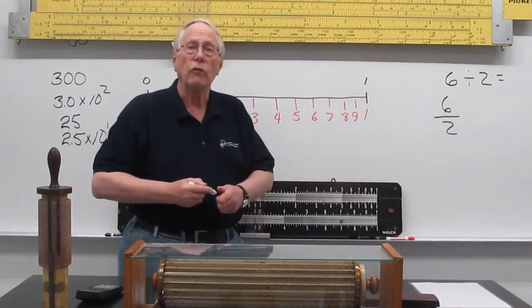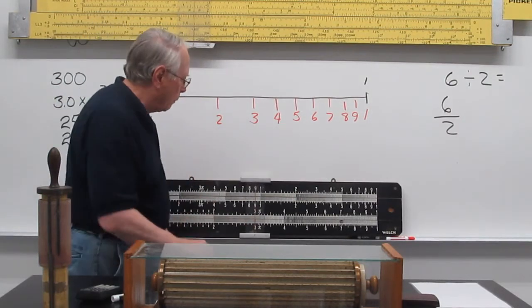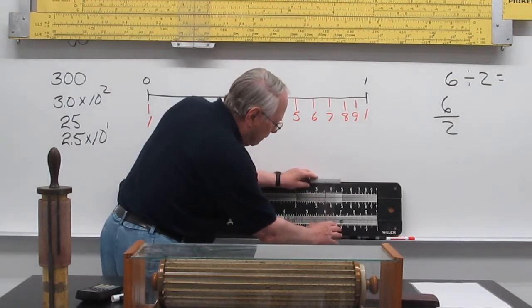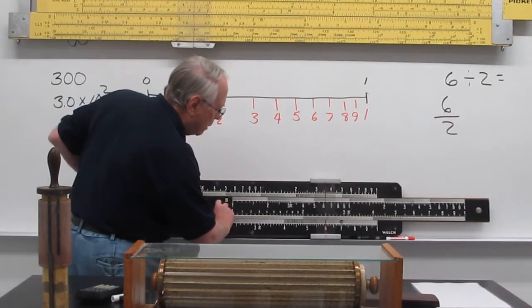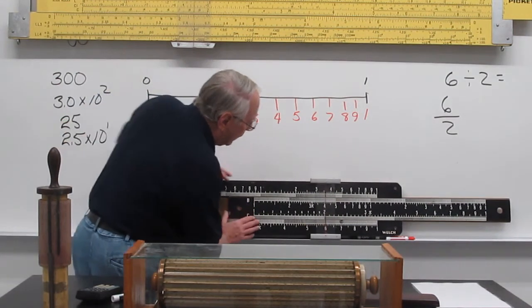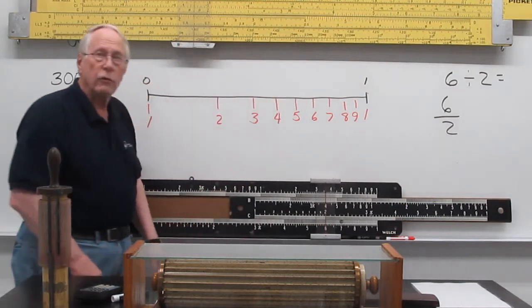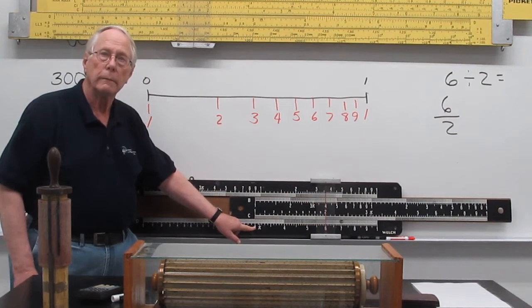To use a slide rule, you simply invert it. So we will find 6 on the D scale. We will put 2 directly above it, and the answer is going to be under the index, 3.